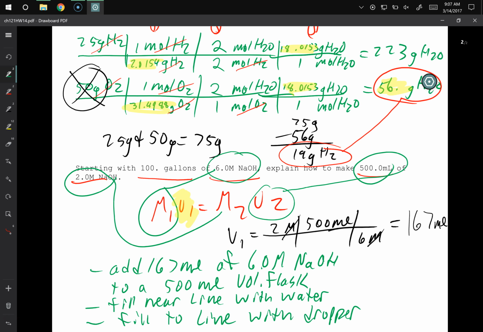You've calculated that you need 167 milliliters of the 6 molar. So you're going to take that 6 molar, put it in a 500 milliliter volumetric flask, fill near the line with water, and then fill to the line with a dropper. You all did that last week, if you were in lab last week. That was part 2 of that lab.